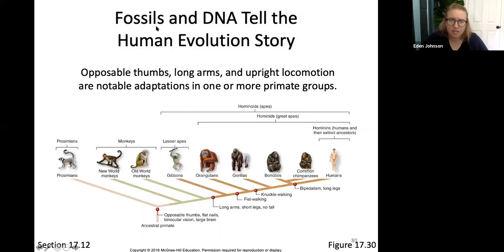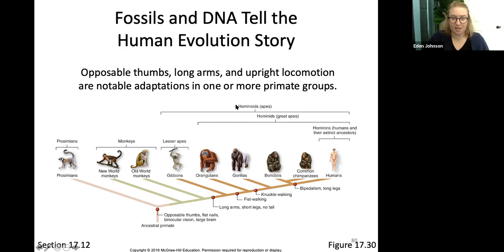So fossils and DNA tell the story of human evolution. If we're looking at the phylogeny of prosimians, monkeys, and then lesser apes, of course, lesser apes they're grouped in with apes, great apes, and then humans and their ancestors.